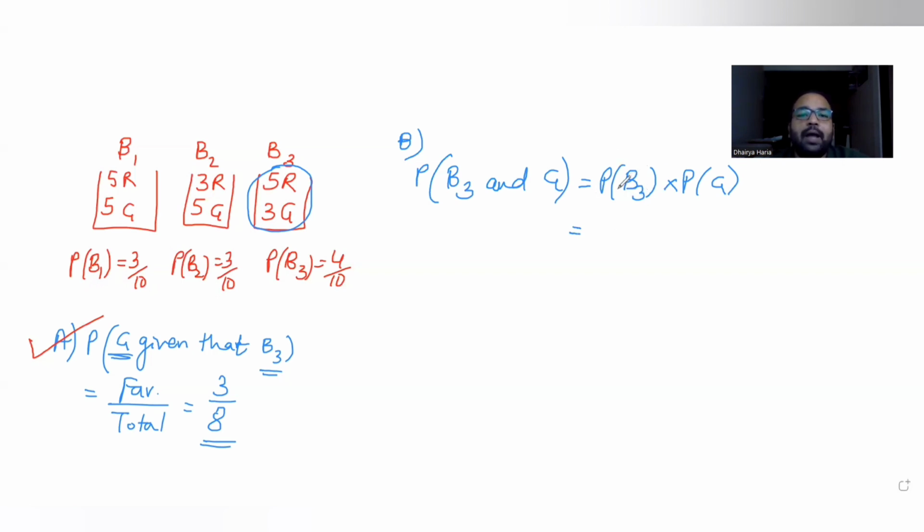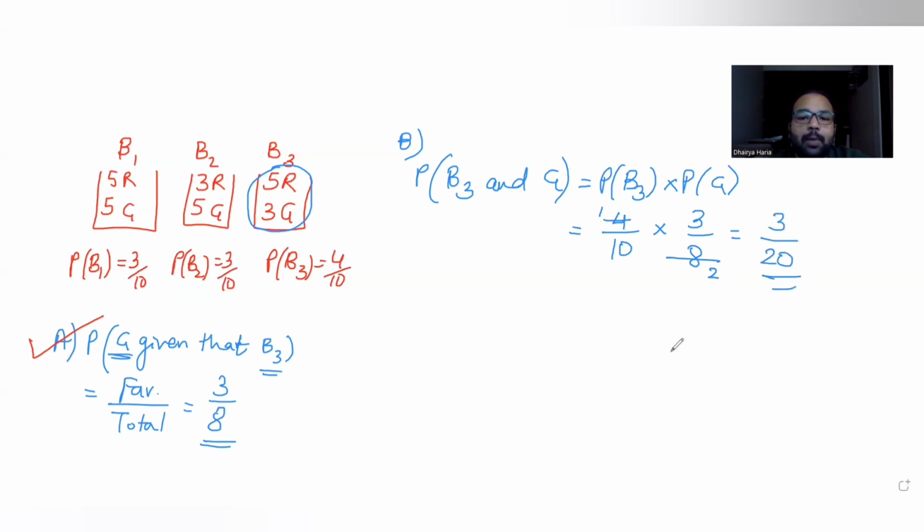Probability of getting bag 3 here is already given to us in the question, that is 4 by 10. And after that, to choose a green ball, we already know from bag 3 that there are 3 green balls out of 8 balls in the bag. So 4 ones are 4, 4 twos are 8. This gives me 3 by 20.